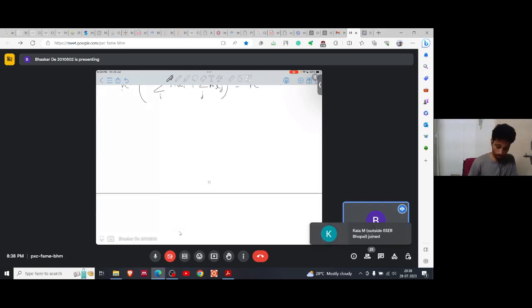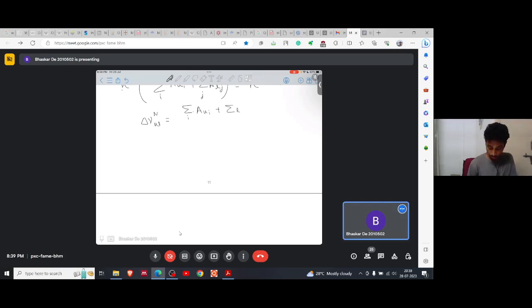Now delta nu UL equals summation A_Ui plus summation A_Lj divided by 2 pi.